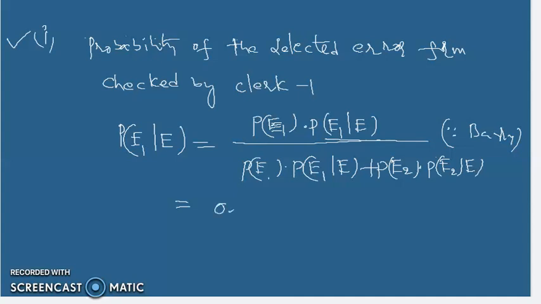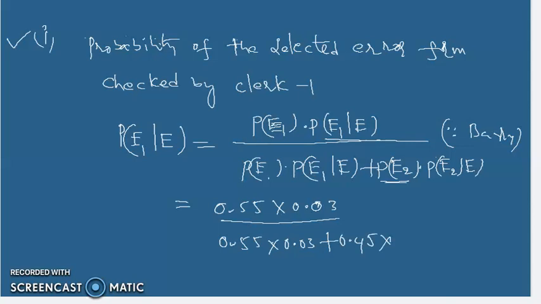That is P of E1 is 0.55 into P of E by E1 value already here 0.03, divided by, in the denominator, P of E1 into P of E by E1 plus P of E2 into P of E by E2.